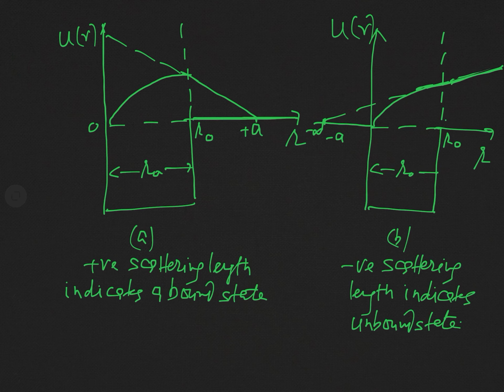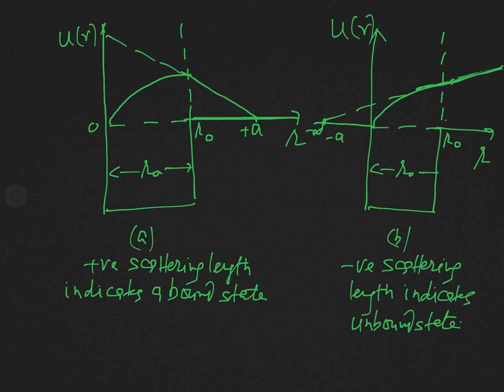And so the extrapolation of the wave function outside of the nuclear force range, that is r greater than r naught, will give rise to a positive intercept on the r axis, and this indicates that the scattering length will be positive.